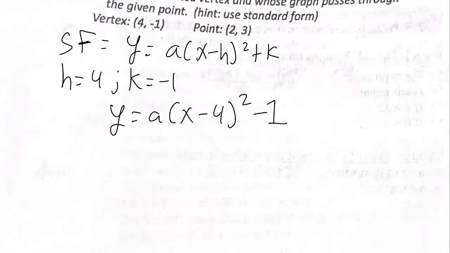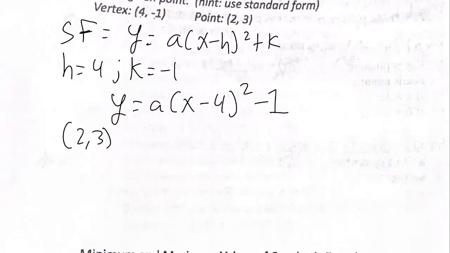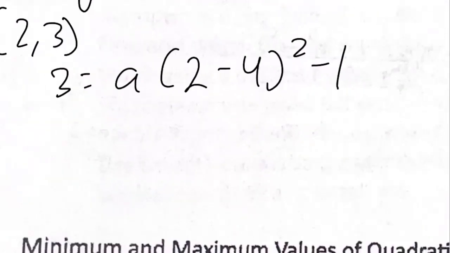Now, the only thing left is to solve for a. That's the only thing we're missing. Luckily, we have a coordinate, which is (2, 3). We're going to plug this coordinate into our function to solve for a, to isolate the variable. So y is 3, 2 is x, and all you have to do is simplify. 2 minus 4 is -2.